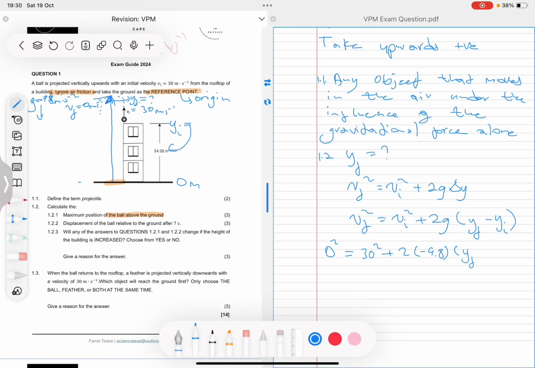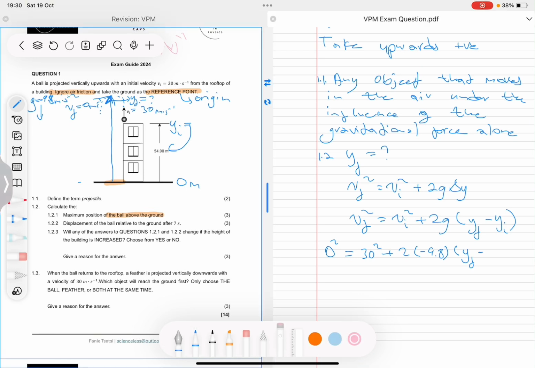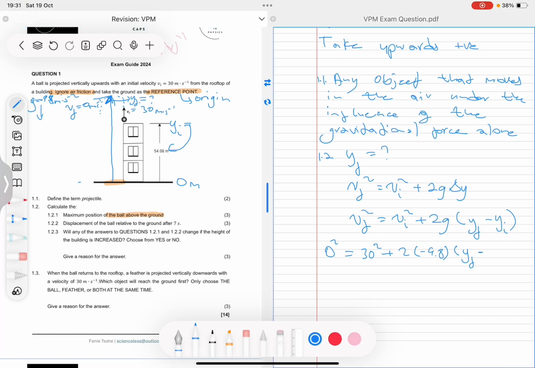We said the ball started at an initial position, as we talked about when we started this question. Remember, this is 0, then it started here at 54.08. Now this means here I'll have 54.08.